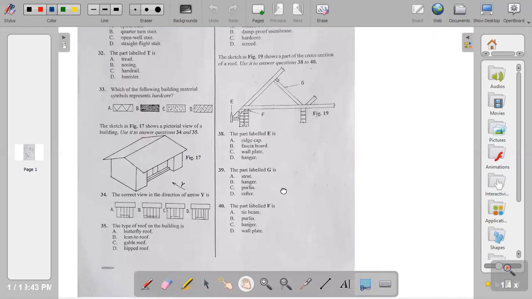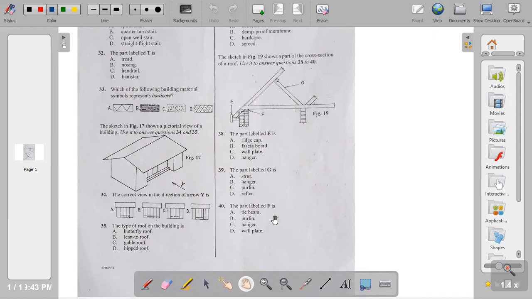Question 39. The part labeled G is a strut, hanger, hauling, rafter. The part labeled G is a strut. So 39 is A. Question 40.